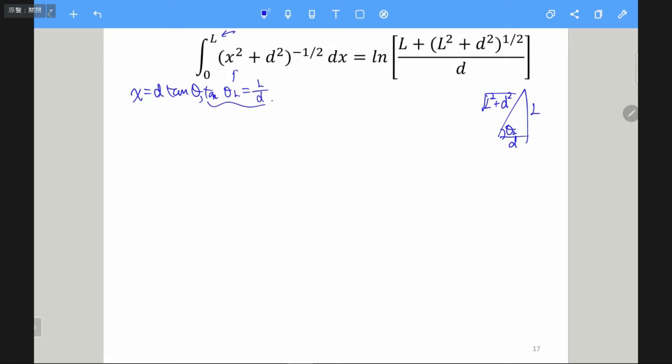In this case, we have dx equals d secant squared of theta d theta, and x squared plus d squared equals d squared times 1 plus tangent squared of theta, which is d squared secant squared theta.